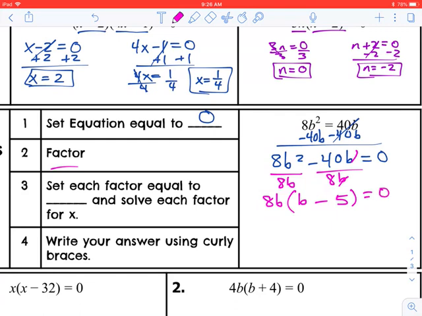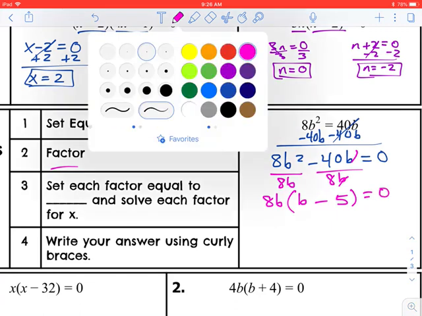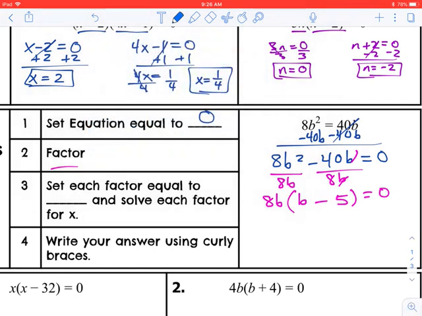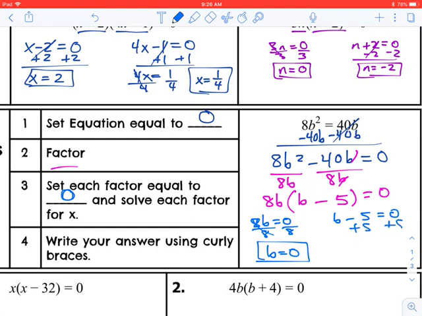Now we're in the same situation we were just in. Set each factor equal to 0 separately and solve. So 8b equals 0, b minus 5 equals 0, and I solve both. So b equals 0 for the first one. I add 5 to both sides.